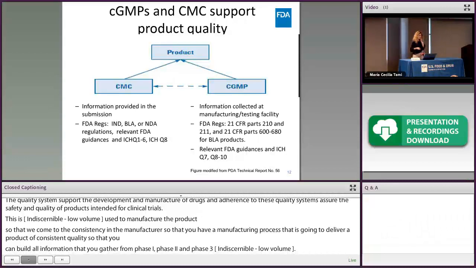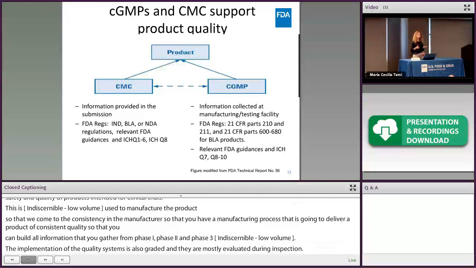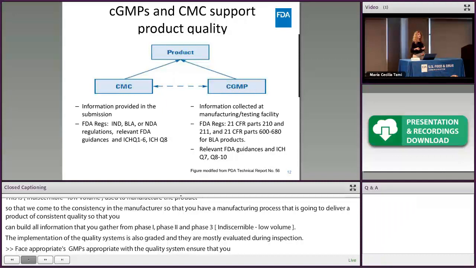So phase appropriate GMPs that are compliant with the quality system ensure that you generate CMC information that is appropriate to meet our expectations for the different stages of development, and also follow the recommendations set forth in the guidances. So the CMC information is going to be submitted in the dossier, and we are going to review it.